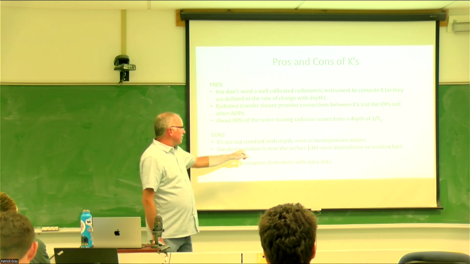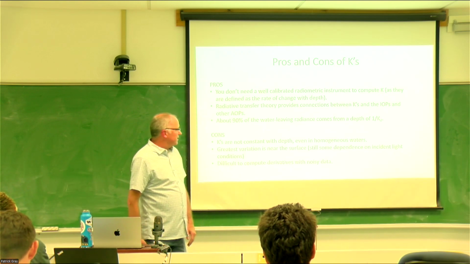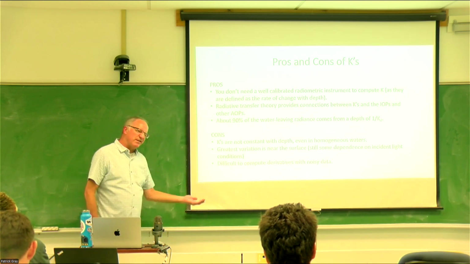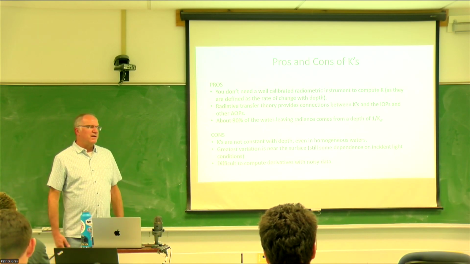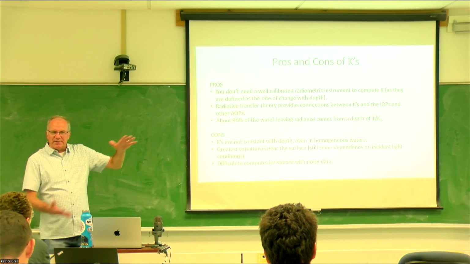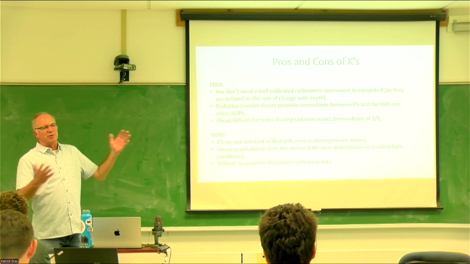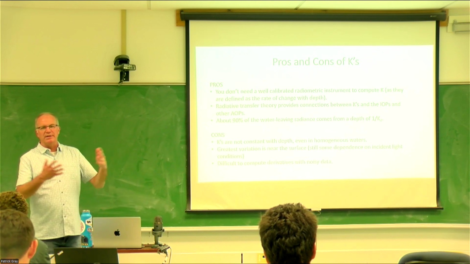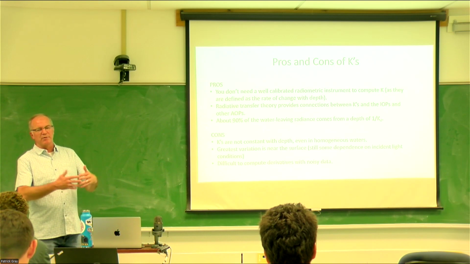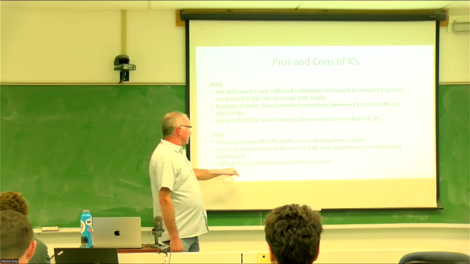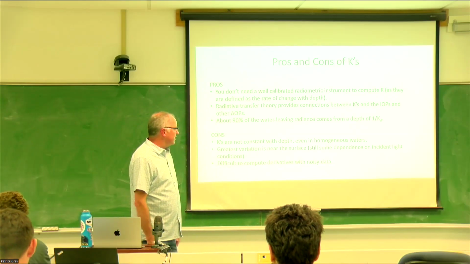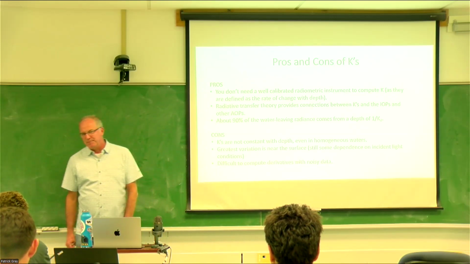The other good thing is the greatest variation is in the near surface, but there is still some dependence on the light. We saw that wave focusing, those kinds of effects. But most of the particles and things are in the upper surface, and that's what we want to really measure: what is the surface ocean doing in terms of growth patterns of phytoplankton. However, it can be difficult to compute derivatives with very noisy data.